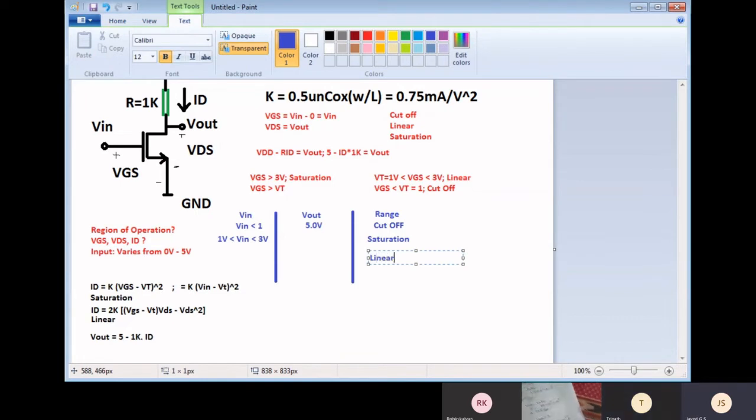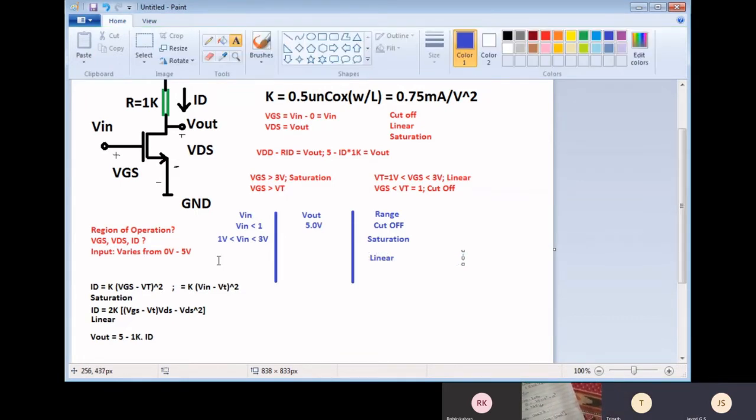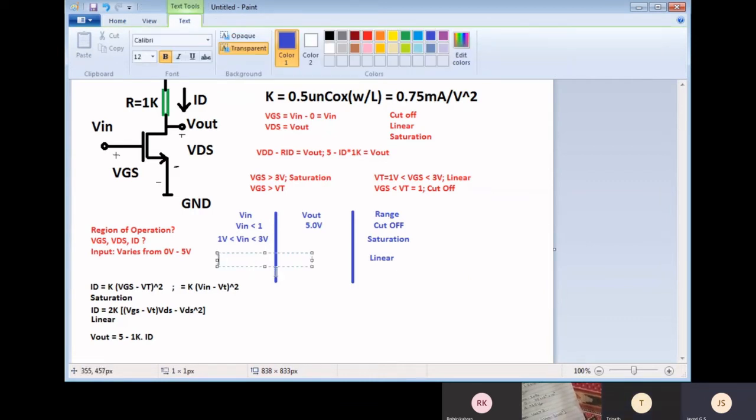So by completion, linear should be the rest of the values. I'm assuming that is going to be correct. So 3 volt less than V in less than 5 volt.